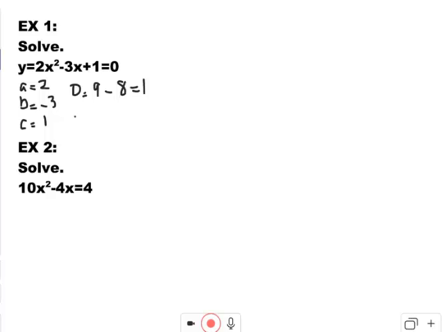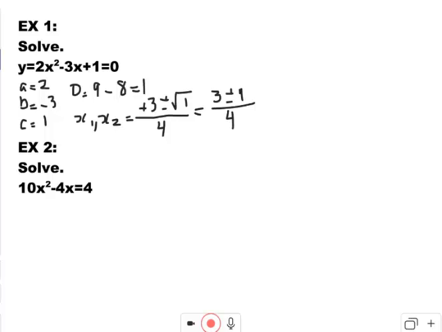So the roots x1, x2 are equal to minus b, which is minus negative 3, which is plus 3, plus or minus the square root of D, which is 1, divided by 2a. 2 times 2 gives us 4. So we get 3 plus or minus 1 over 4.